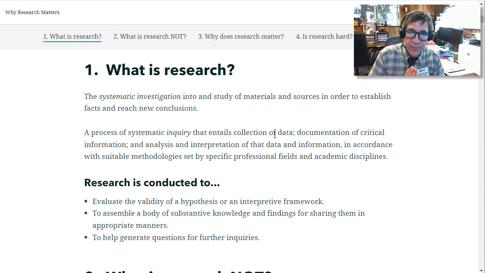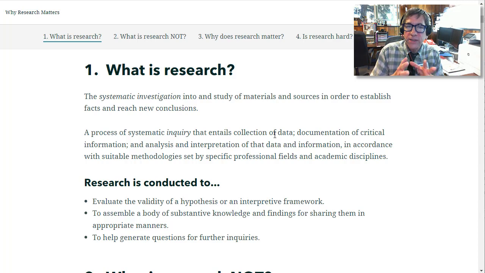What is research? It is a systematic investigation into and study of materials and sources in order to establish facts and reach new conclusions. Systematic. It's not a haphazard, random, casual sort of activity.